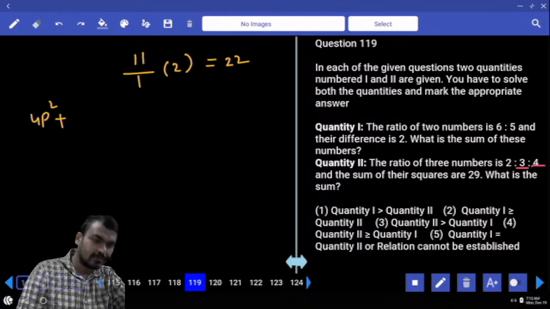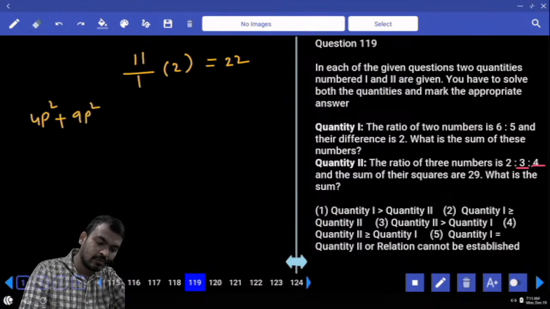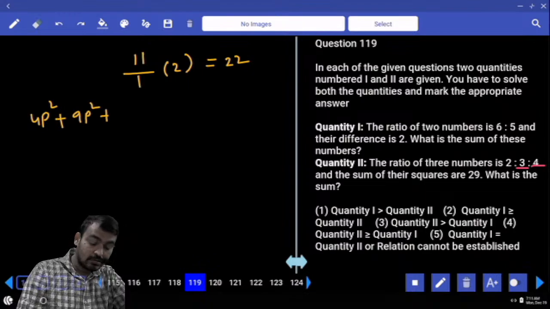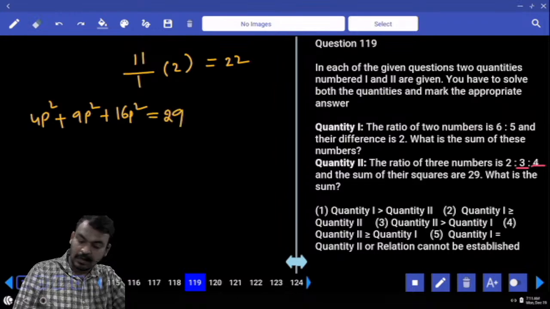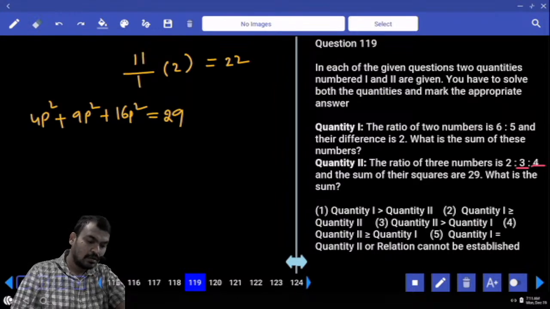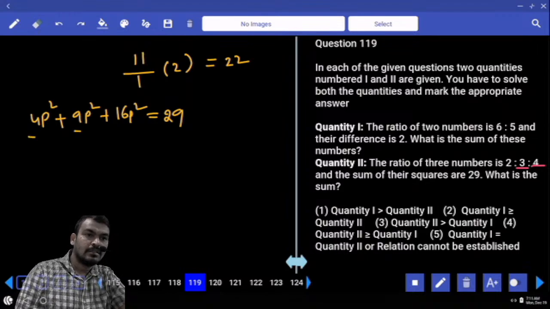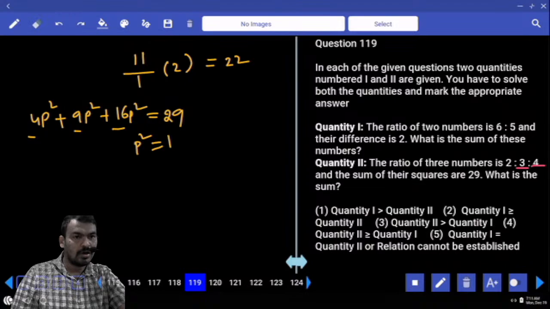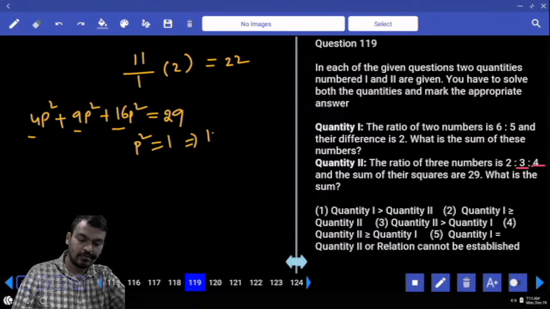Second one, 3 parts square means 9 parts square. Third one, 4 parts square means 16 parts square. That is equal to 29. 4 plus 9 is 13, 13 plus 16 is 29. 29 cancels. Part square equals 1. Then every one part is 1.